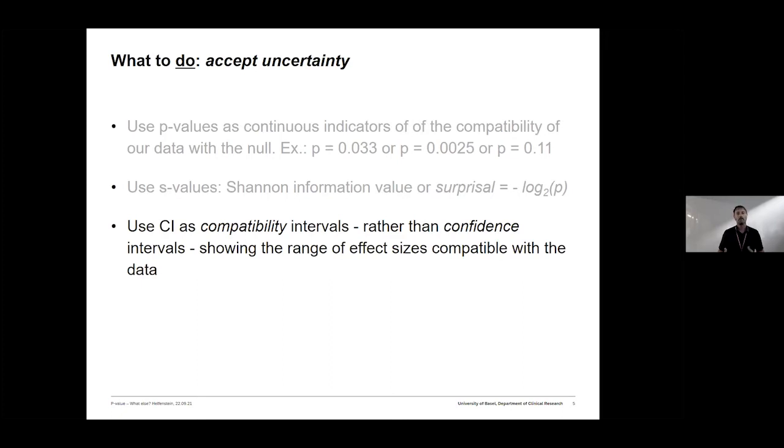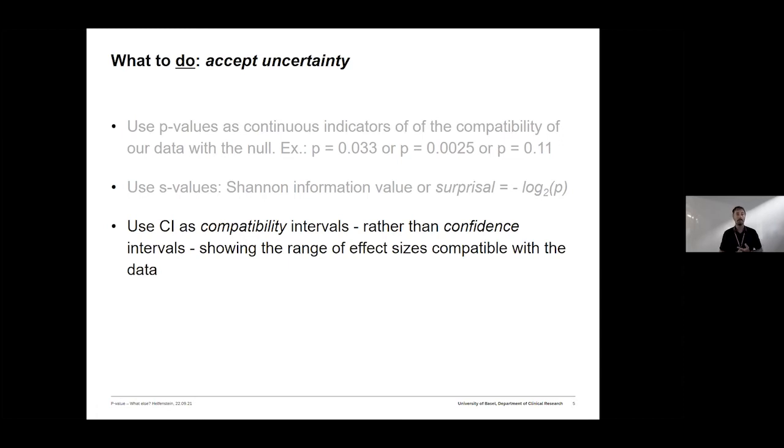Then another recommendation we can give you, apart from using p-values as a continuous indication of the compatibility of your data given the null, and using the S value to give you an idea of how surprising your result actually is, is that you could use what are generally called confidence intervals, but not as confidence intervals, but rather as compatibility intervals.